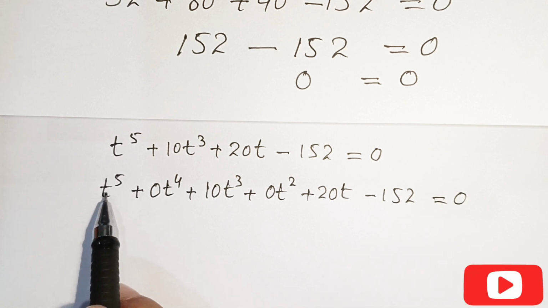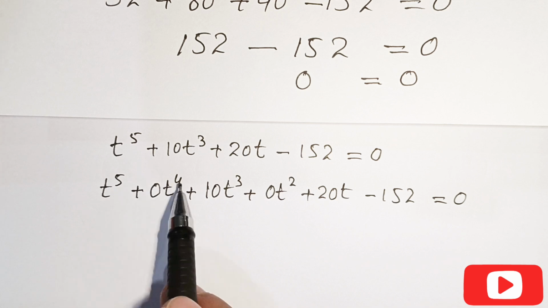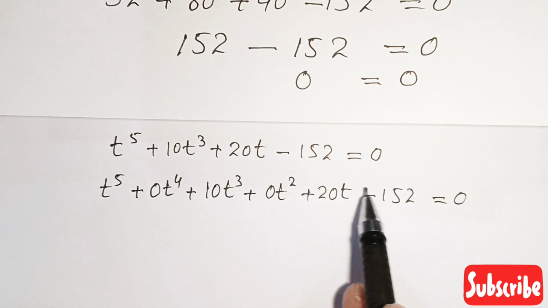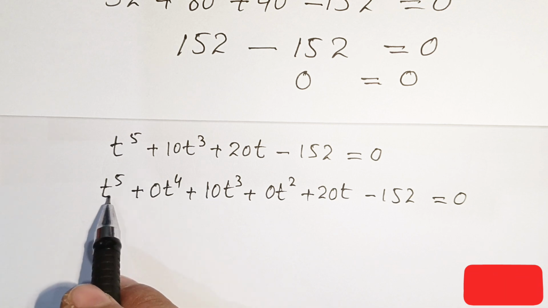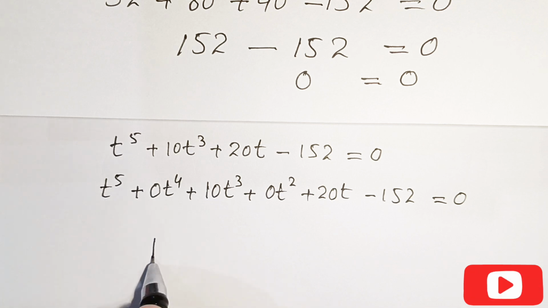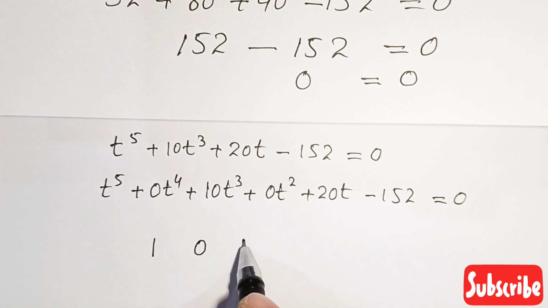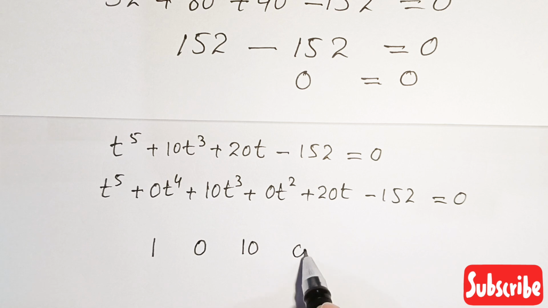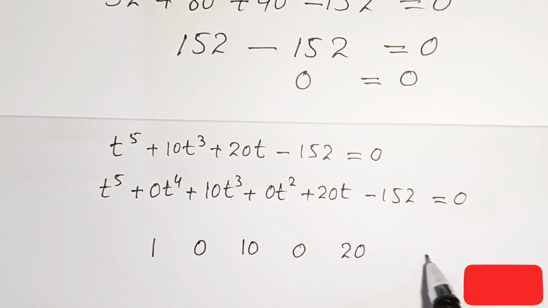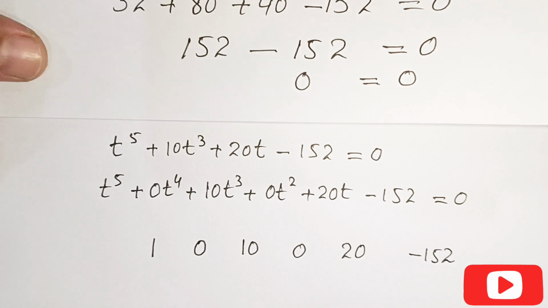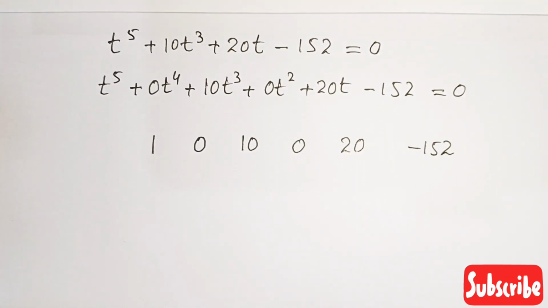So here the powers of t are 5, 4, 3, 2, 1 and 0. Now we write the coefficients: the coefficient of t to the power 5 is 1, of t to the power 4 is 0, then 10 and 0, then 20 and then minus 152, as we are going to use the remainder theorem here.